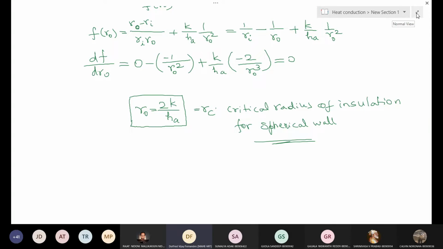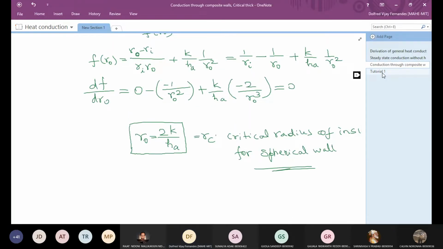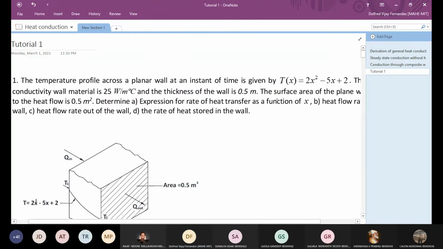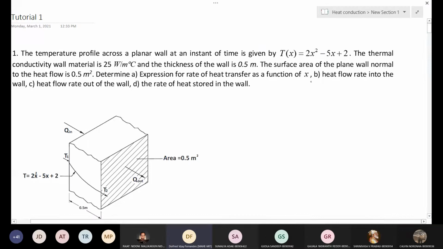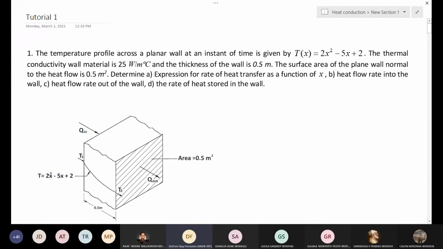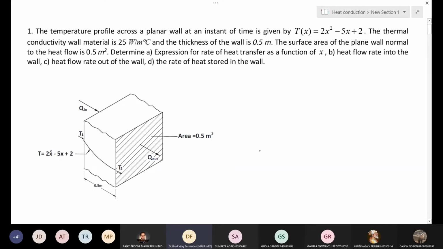We'll see that later. So you should be ready with your calculators now. You tell me the answers quickly, and we can complete this faster, as you know that we have a vast syllabus to cover.